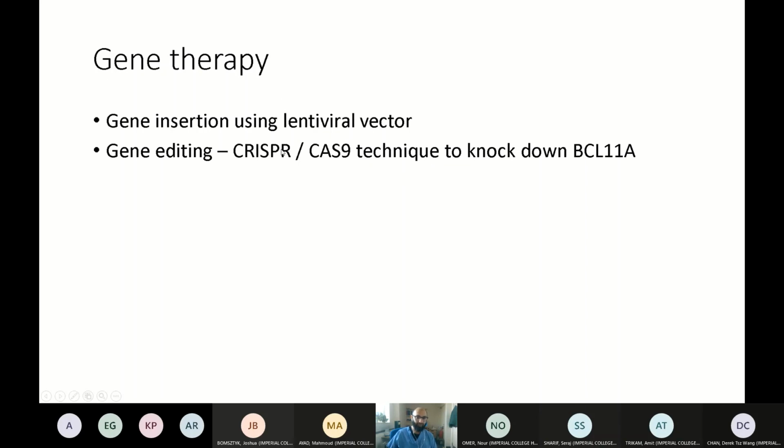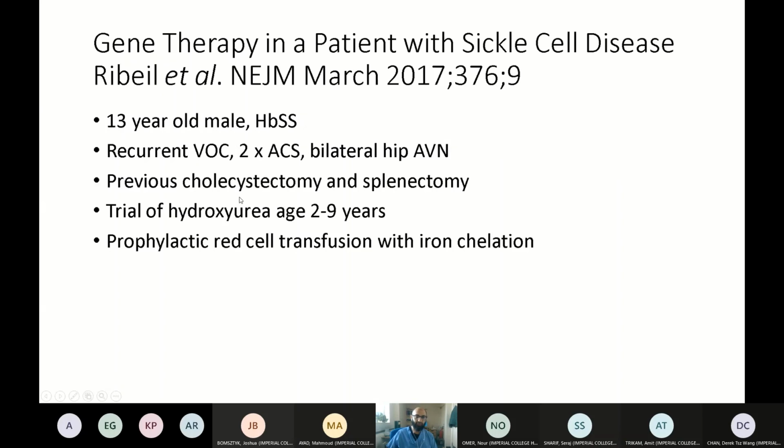So that's one approach which has been used for some time now and shown very promising results. And the other approach is the CRISPR techniques to knock down BCL11A, which again is a very exciting approach.